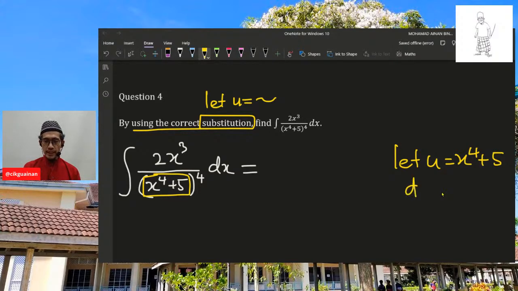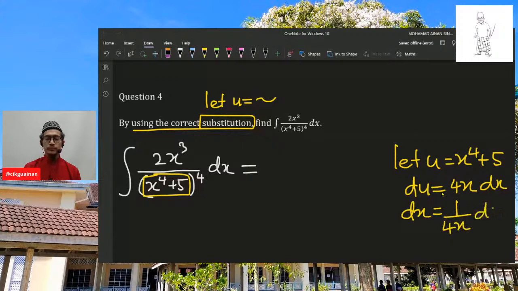Afterwards, we differentiate u, we get du equals 4x cubed dx. Then we rearrange to get dx in terms of whatever is left, so dx is 1 over 4x cubed du.